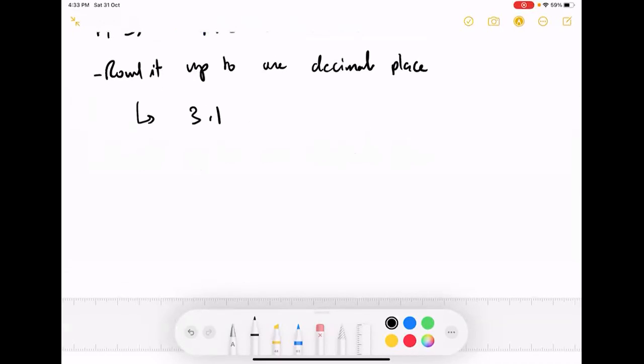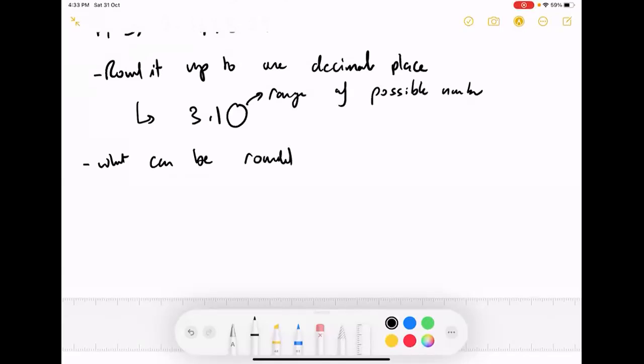So I want to ask myself a question. I want to get a range of the numbers that can be here. Range of possible numbers. So what can be rounded up to 3.1? What values?